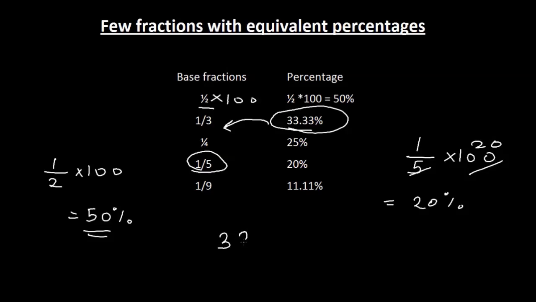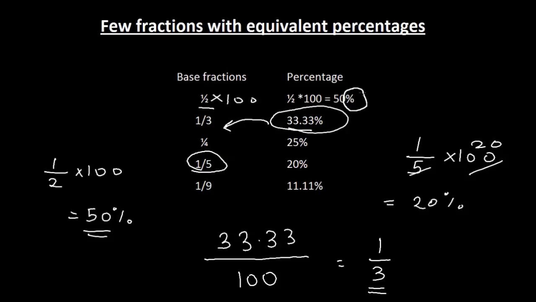That is, if we are given 33.33%, we divide the value by 100 and what we get is equal to 1 by 3. So basically this percentage sign is equal to 1 by 100. So whenever you see a percentage sign, divide the number by 100. I hope this is clear to you.